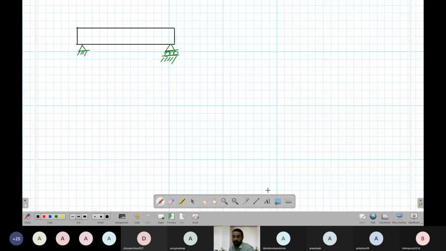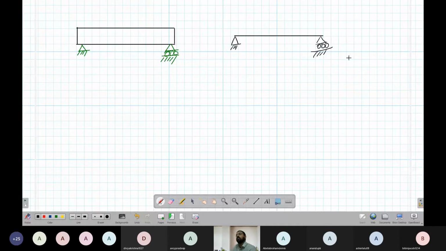We simplify for analysis: we just draw the beam as a line, and the supports. Okay. So this is how the support conditions work. This is what is known as a simple support.